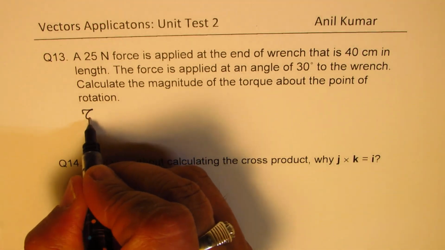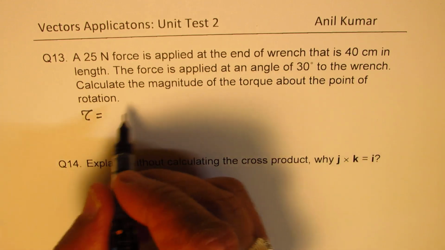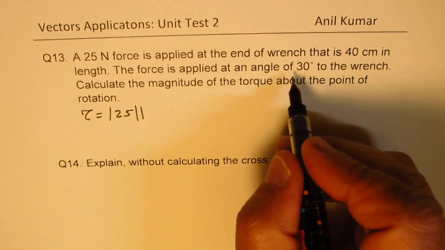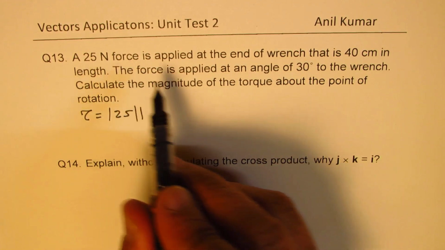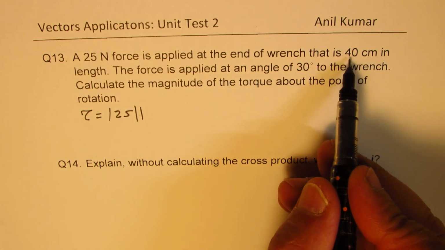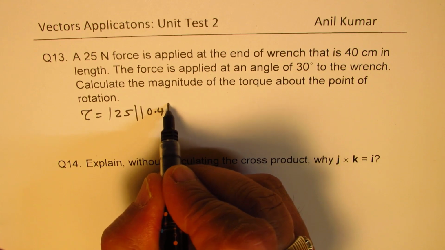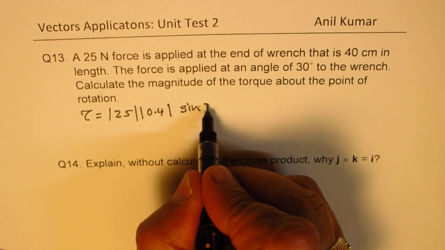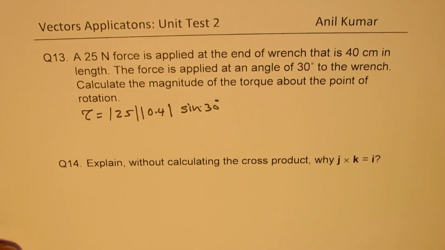Well, torque is equal to the cross product of these two, right? So we have magnitude of 25 newtons times magnitude of 40. Now, Newton meters, right? So this is given in centimeters. So therefore, we should write this as 0.4 Newton meters, right? Times sine of the angle, which is 30 degrees. Correct? So that is going to be our solution.